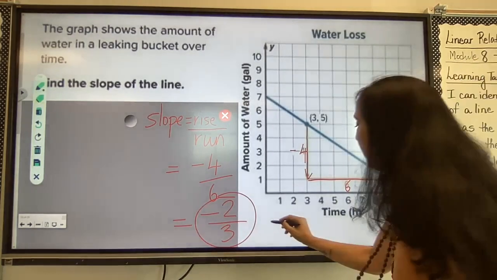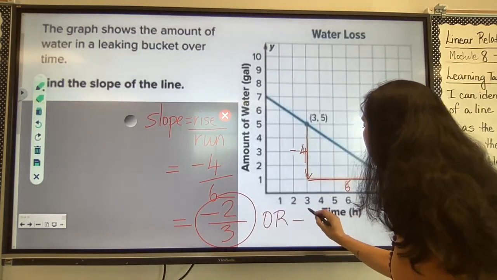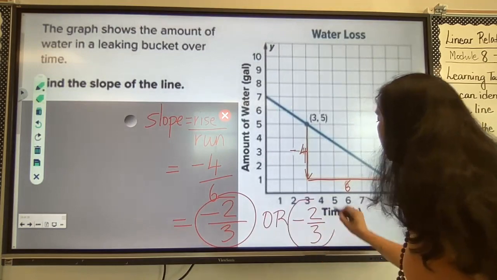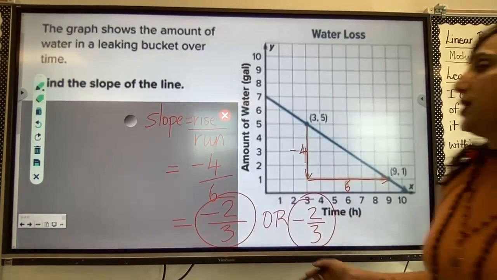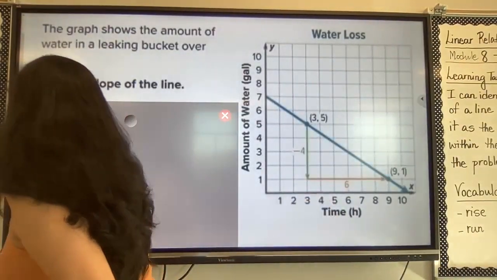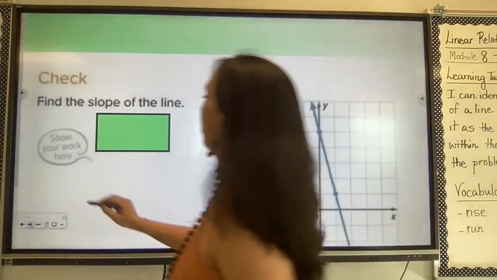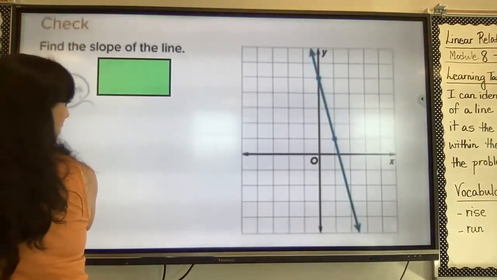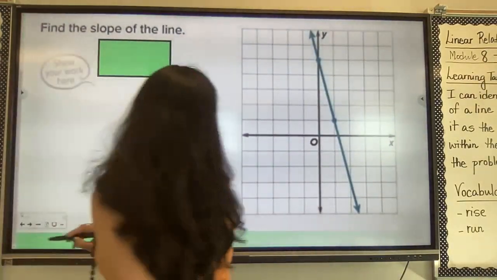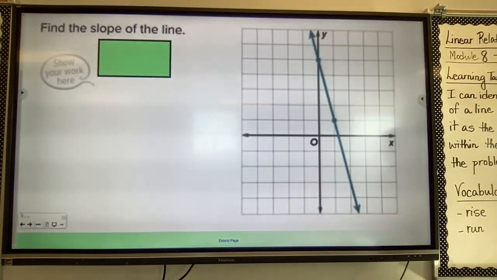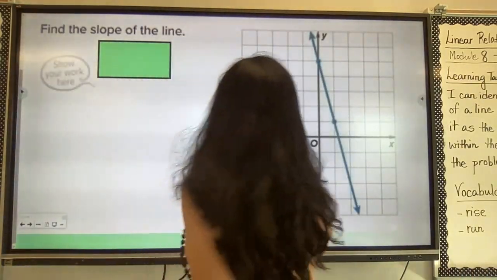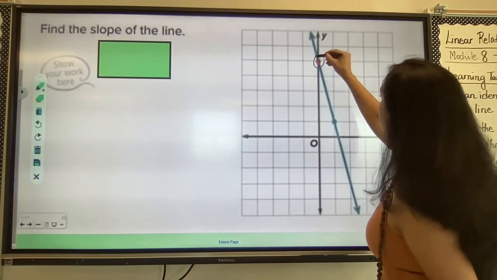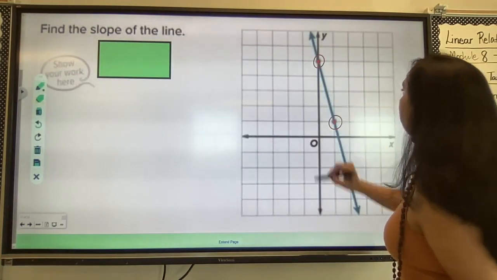Okay, you can also write it like this, -2/3. All right, let's do another example of a negative slope. Let's look at this one, and we are trying to find the slope of the line. Okay, so my points are here and here.